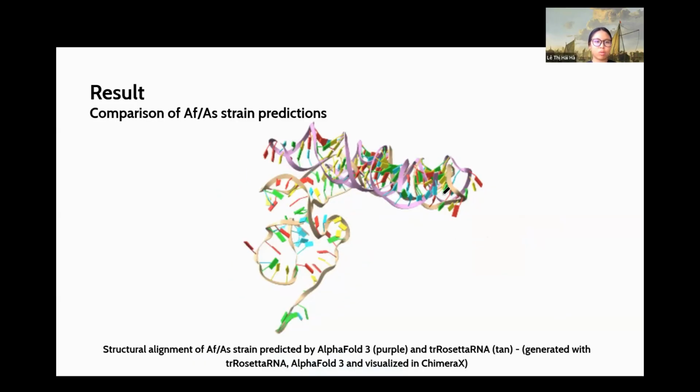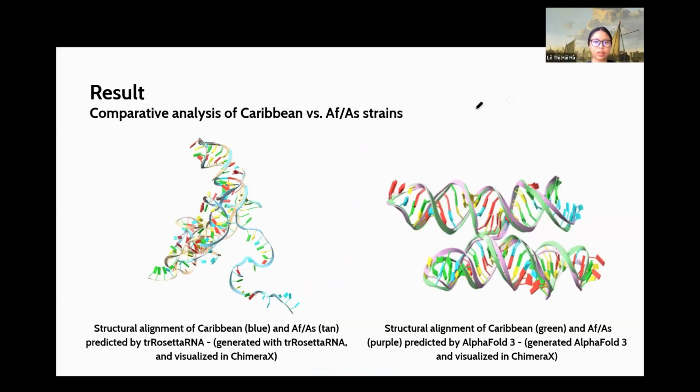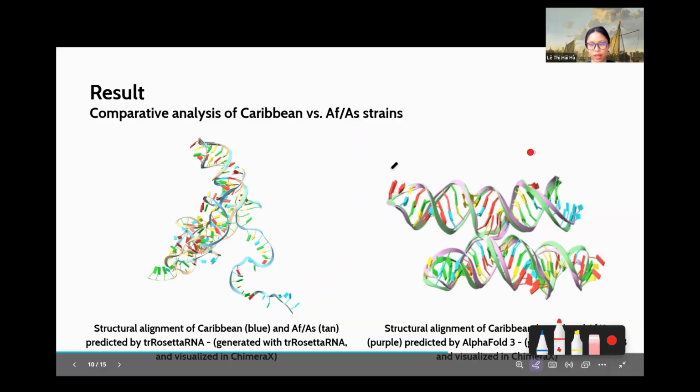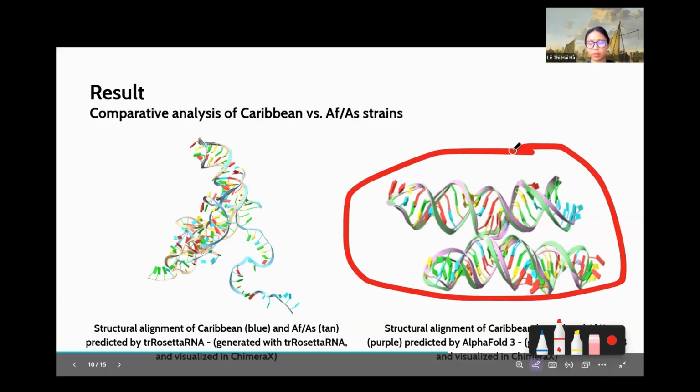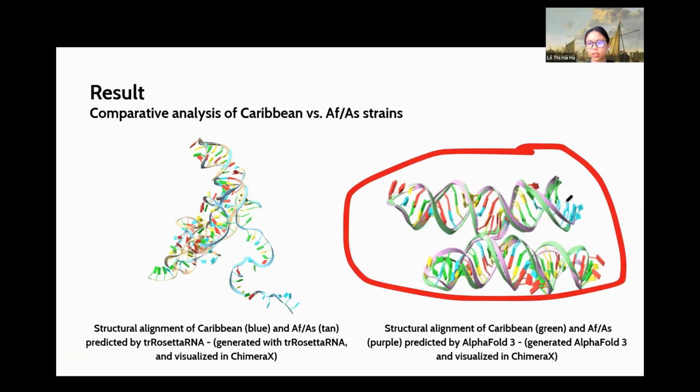So what if I compare the Caribbean and African Asian strain using the different apps? I'll start with M443 here. Really similar, although some deviation is visible here or here, but they are kind of compact stem loop helical and similar.